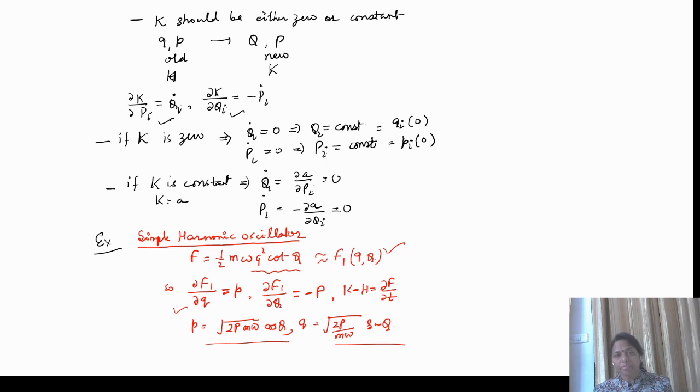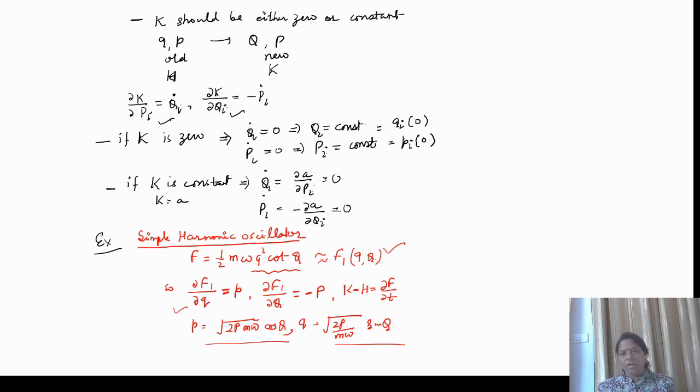Now what is my purpose? My purpose is to make K free from all the coordinates. Yes, there are two purposes. Now in this case, my purpose is not to make K free from any of the generalized coordinates. My purpose is to make K 0. If K becomes 0, then it is very simple, because your P dot will be zero and your Q dot will be zero, so P will be constant, Q will be constant, and you can get a trivial solution, right?